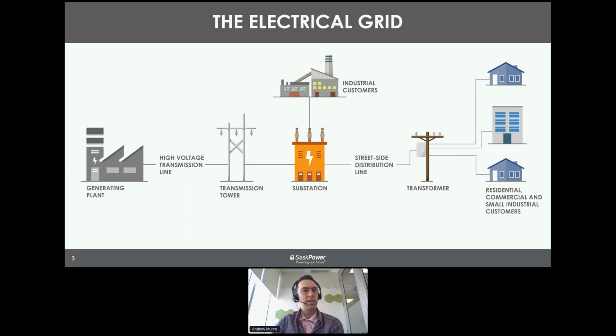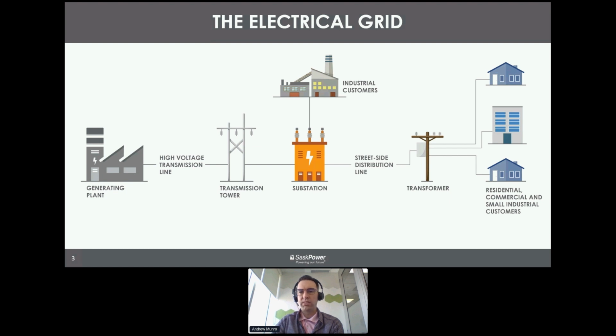So first, let's talk about the electrical grid. So the grid simply means a networked connection. A simple analogy to our electrical grid is our provincial highways. Just like our highways and roads connect cities, towns, and villages all over the province, our transmission and distribution lines connect our generators and loads across the province as well.